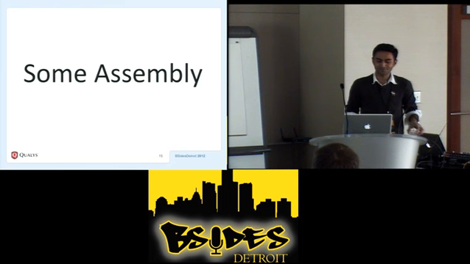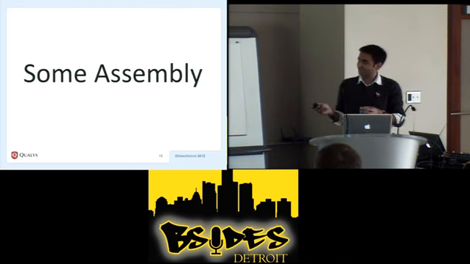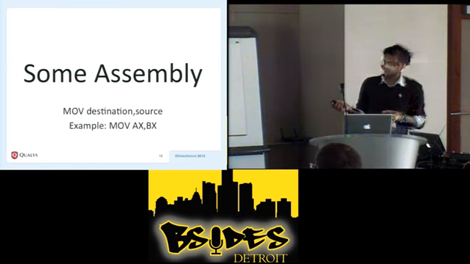Okay, and because we'll be reversing binaries, we need to know some assembly. But trust me, this is really simple assembly. Don't get scared. It's really, really simple. We just need to go over 2 or 3 assembly instructions. So the first instruction is the mov instruction. Very simple.